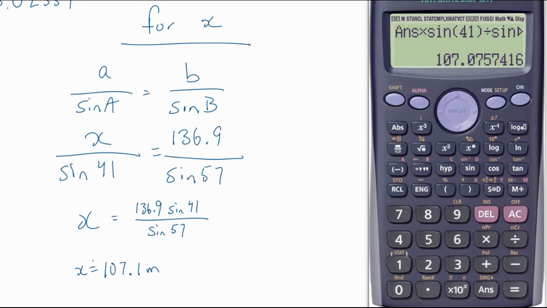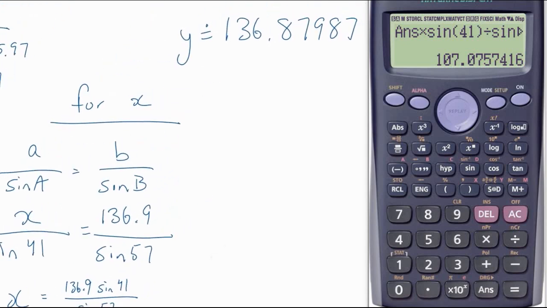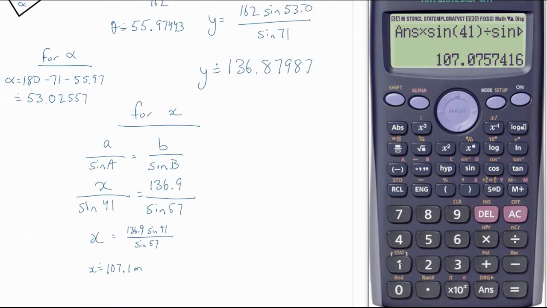So let's see what would happen if I just punched in that number, 136.879987 times sine 53, whoops, I'm in the wrong spot, times sine 41 bracket divided by sine 57 equals, see, very close, 107.075, like those are close to 4 decimal places. So because I wrote down 5 decimal places, those are really, really close.